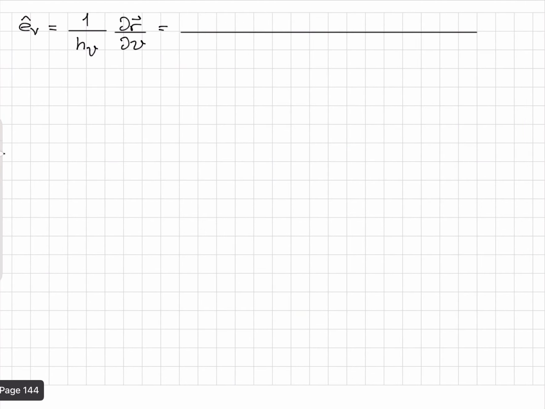So minus a cosh u sin v e_x hat plus a sinh u cos v e_y hat, divided by a times the square root of sinh squared u minus sin squared v.